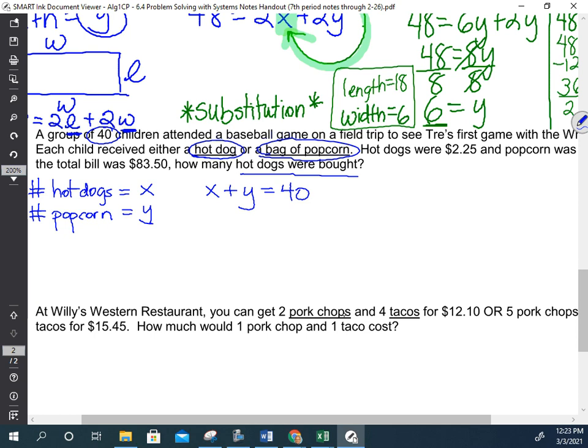So now let's keep using the rest of the problem. Hot dogs are $2.25. We don't know how many hot dogs we got, but we know that they're $2.25. So that's $2.25 times X, times however many you're gonna get.